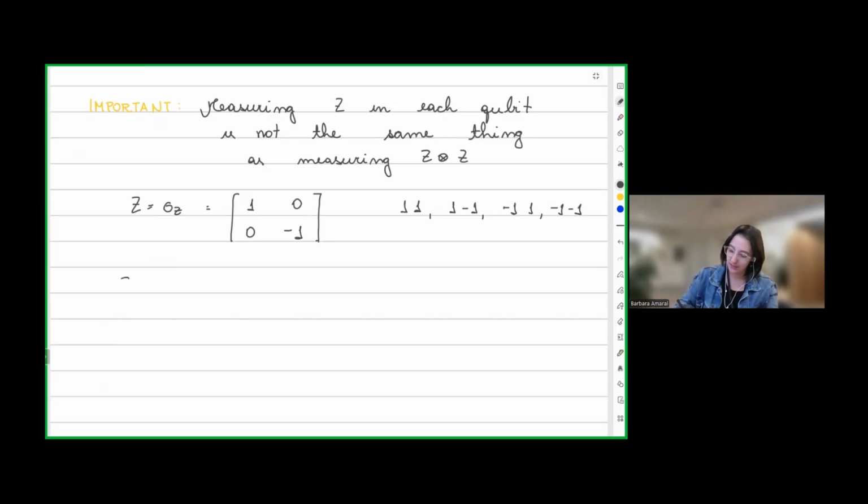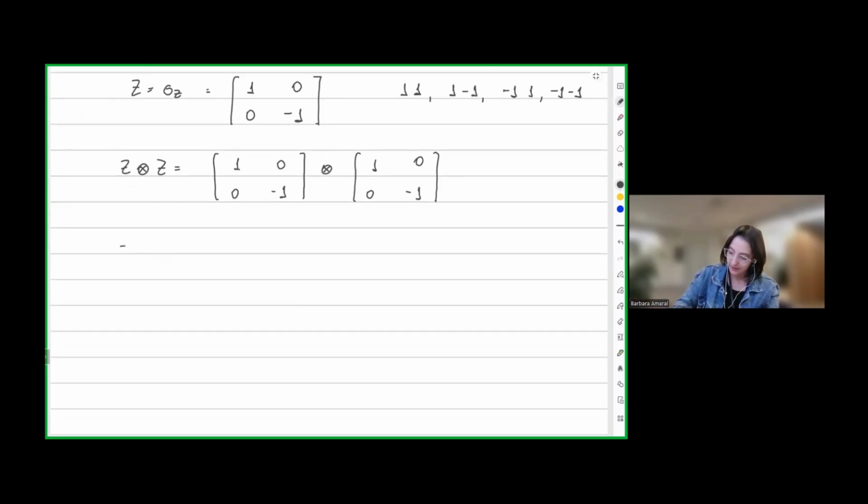But if I compute the tensor Z as a matrix, so this is 1, 0, 0, -1, tensor 1, 0, 0, -1, let's remember how we computed the tensor product of two matrices. This is 1 times the second matrix. This is 0 times the second matrix.